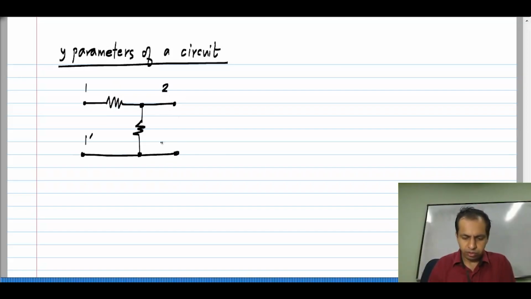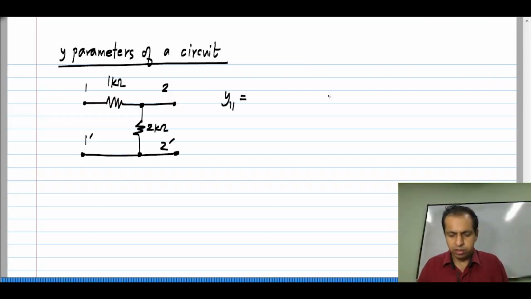This is port 1, this is port 2. Very simple circuit, but for now let's use this, and let's say this is 1 kilo ohm and this is 2 kilo ohm, and we want to calculate the Y parameters, and we will do it one by one using the algorithm we described earlier.